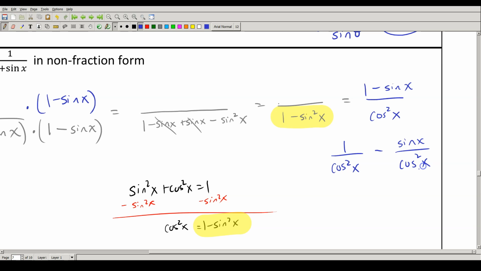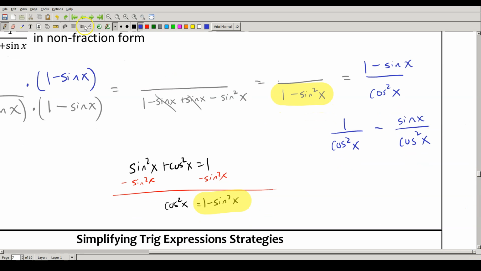And that would be like the step usually that we combine the fractions to get to this. What if we go backwards and we break that up again? Well, this could do the trick. Now, because if we think about what is 1 over cosine squared, that is secant squared. So we'll write that as secant squared x.